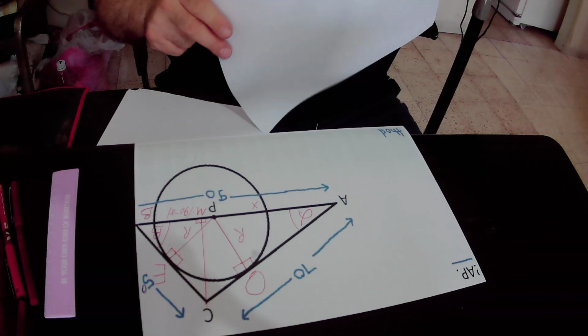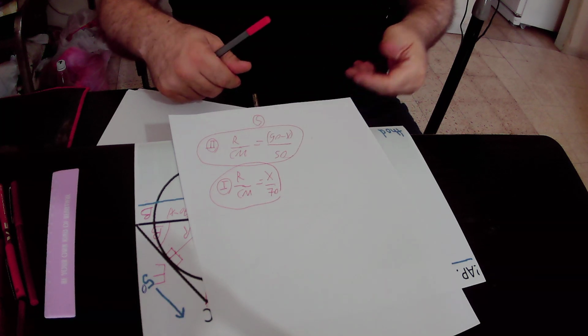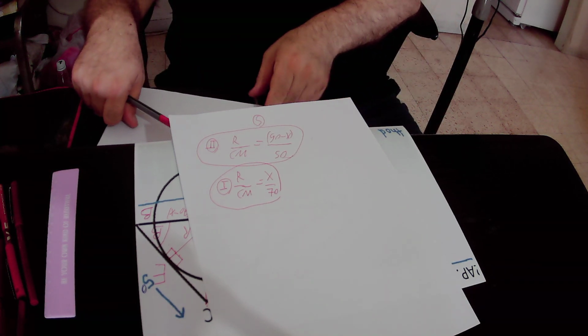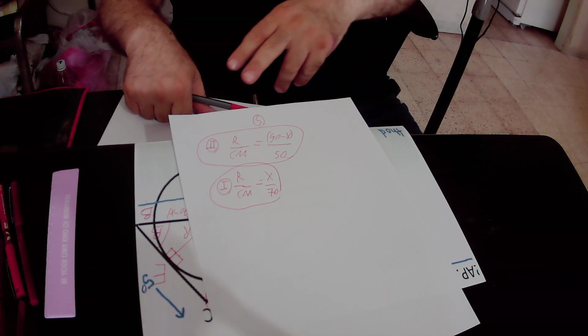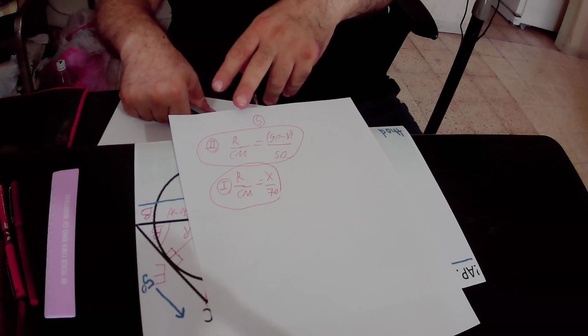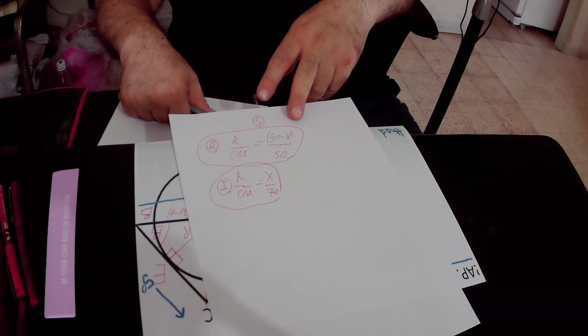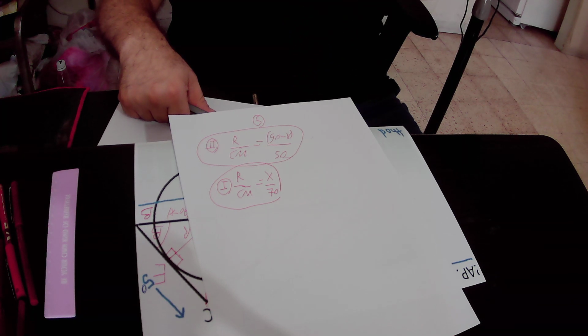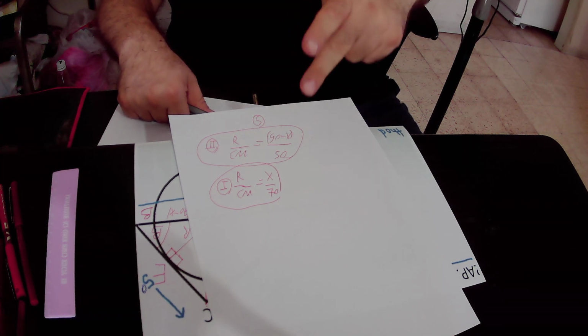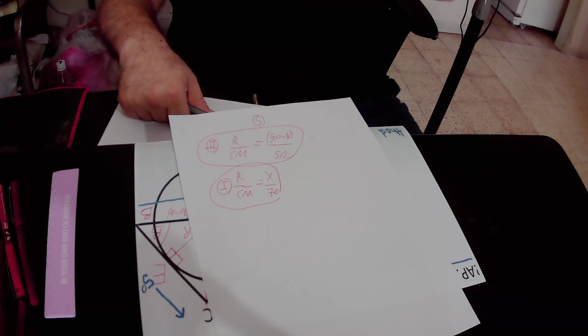So we have two equations with the expression R over CM. The second equation is R over CM equals 90 minus x over 50. And the first equation is R over CM equals x over 70.